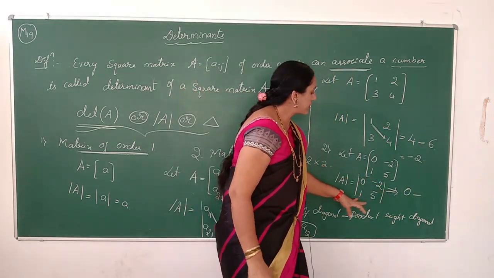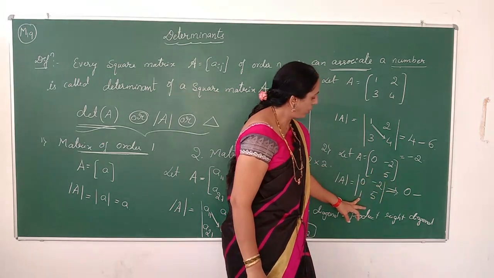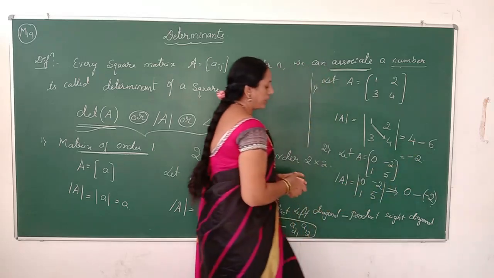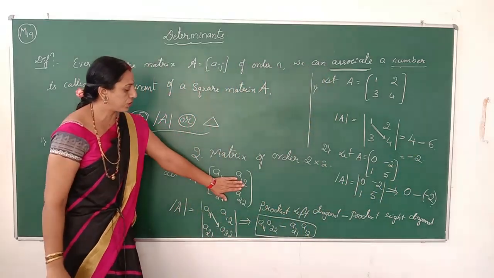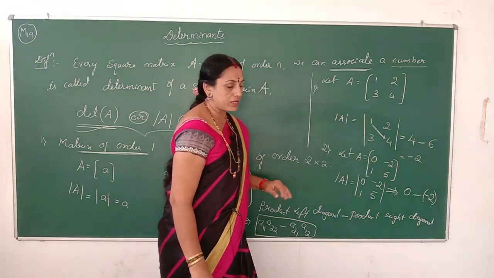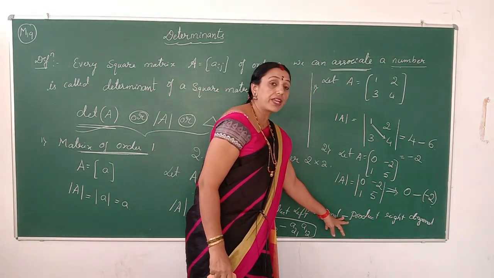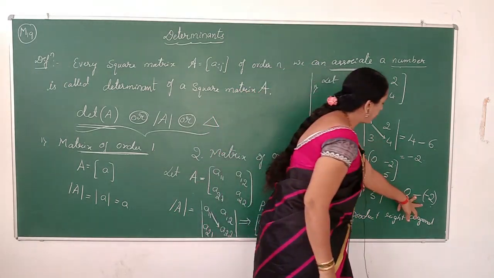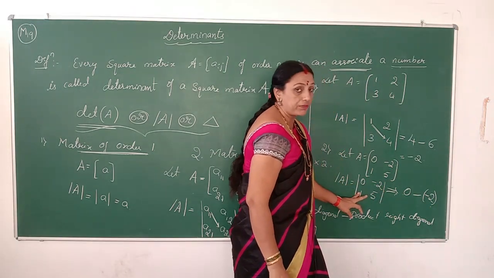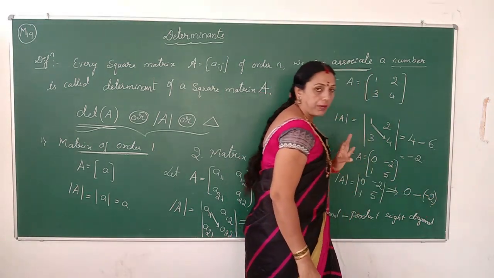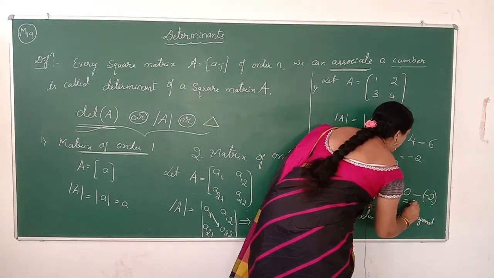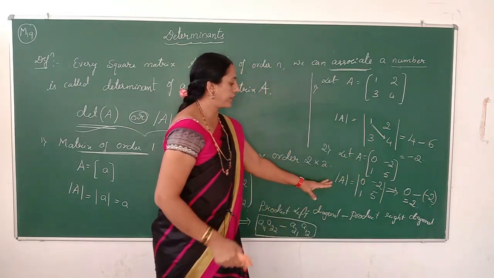Now the right diagonal is minus 2 into 1, and their product is minus 2. According to the definition, the product of the left diagonal minus the product of the right diagonal, so we get a negative value between them. 1 into minus 2 is minus 2. That is 0 minus of minus 2, which can be written as plus 2. So that is the value of the determinant.